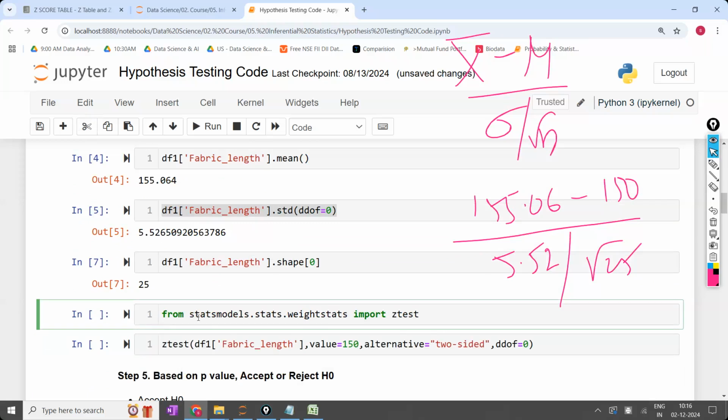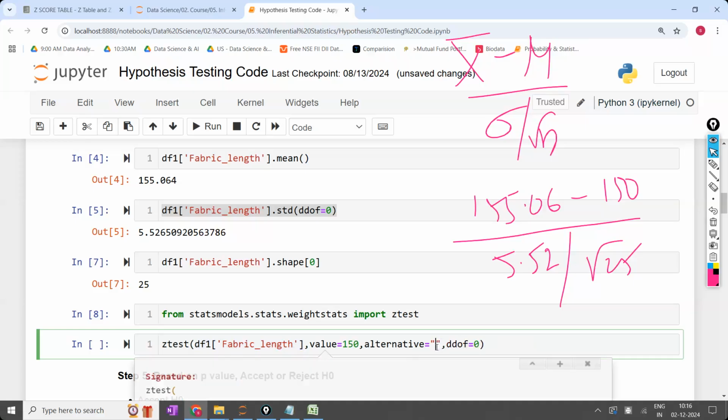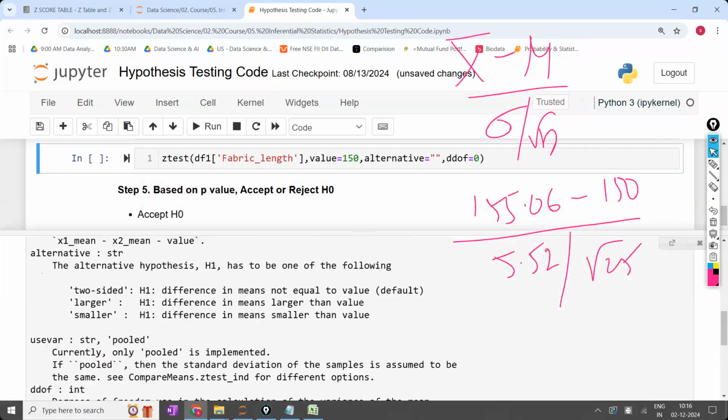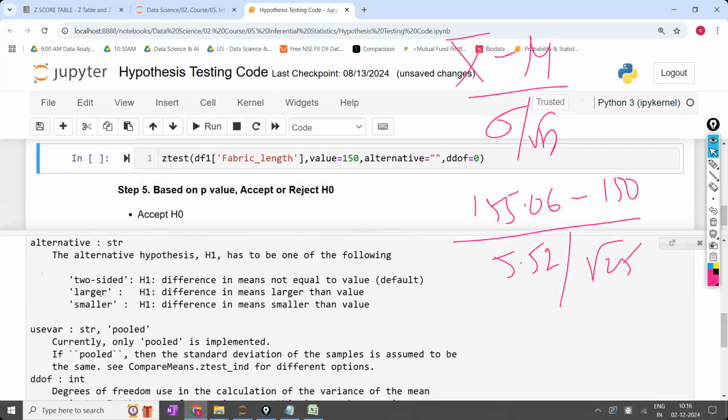Now see here, in Python from stats.stats, wait, from stats I'm going to import the z test. Within the z test, I'm going to give the data, the mu value, and alternative equal to, depending on whether it is a left tail or right tail. Three options will be there: left tail, right tail, two tail.